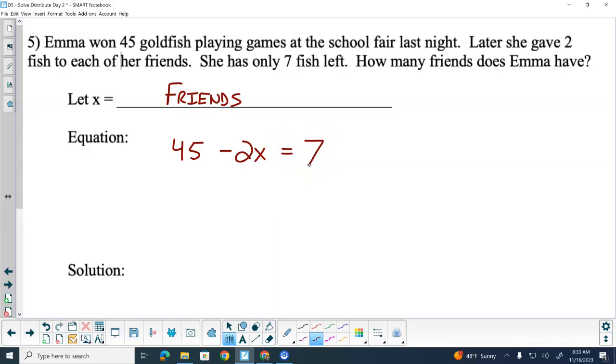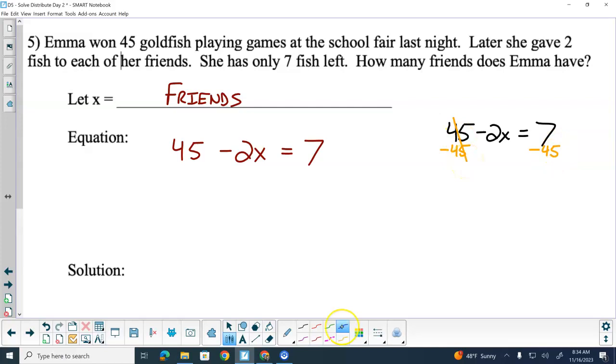Okay? That one was different because she's giving the goldfish away, so we're not adding it, we're subtracting. What are we going to do first? We're going to subtract 45 first.